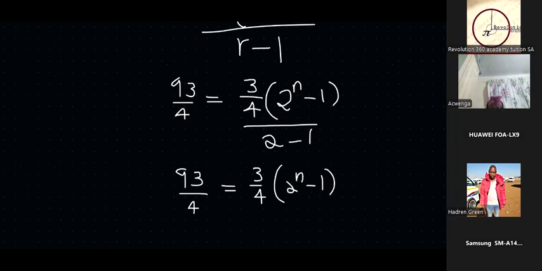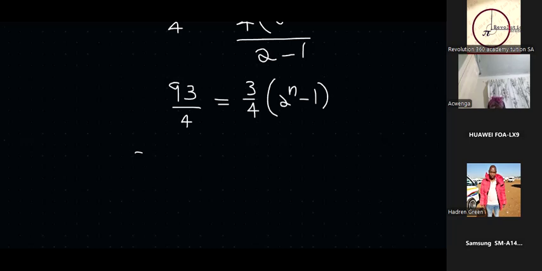When you arrive here, there is something very important. We are solving for n. Let me show you. 93 over 4 is equal to 3 over 4 into 2 to the exponent of n minus 1.